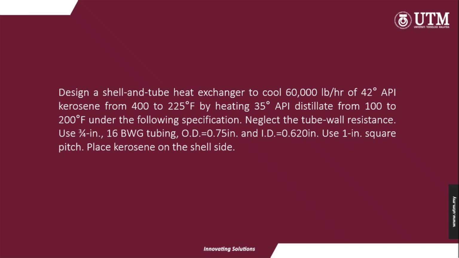Neglect the tube wall resistance. Use 3/4 inch 16 BWG tubing, outside diameter equal to 0.75 inch and inside diameter equal to 0.62 inch. Use 1 inch square pitch and place kerosene on the shell side.